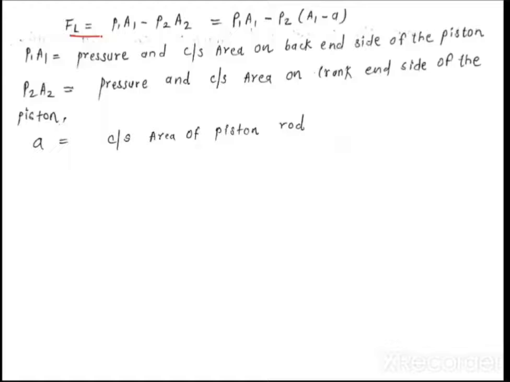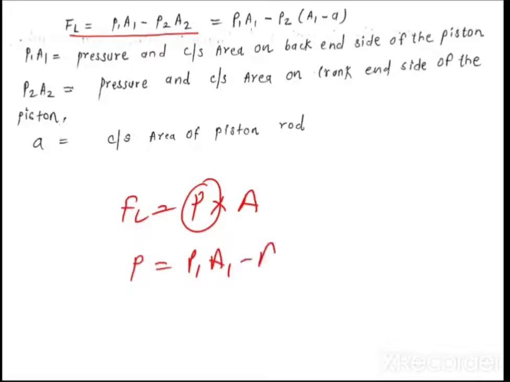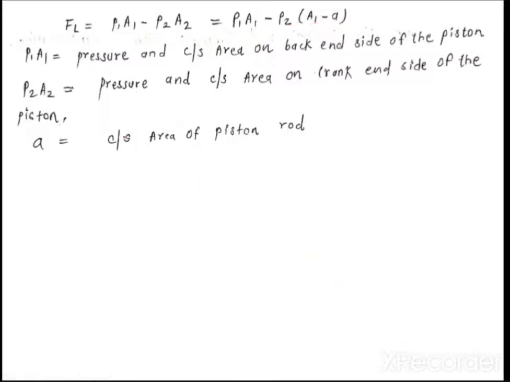FL is nothing but P1 A1 minus P2 A2, because basically what is FL? P into area. And what is P? Net gas pressure acting on the piston. So P2 into A2 can be written as P2 into (A1 minus A). What is A? A is nothing but the cross section area of the piston rod.